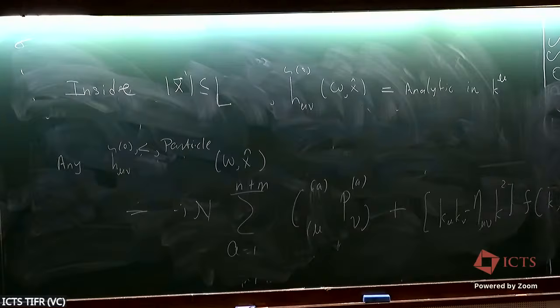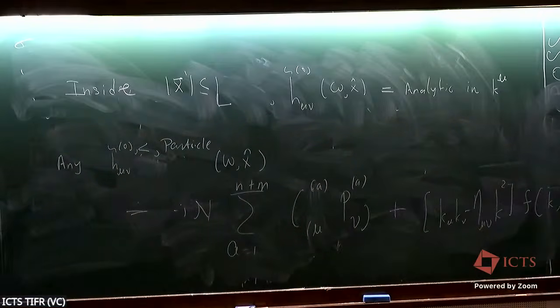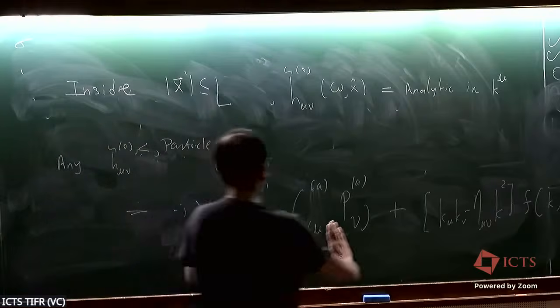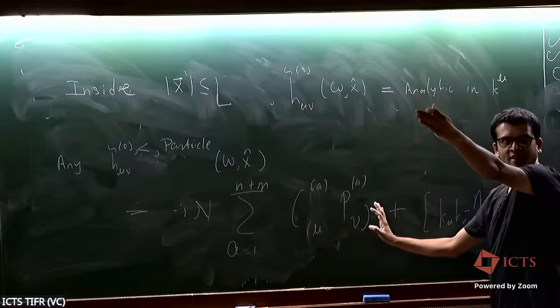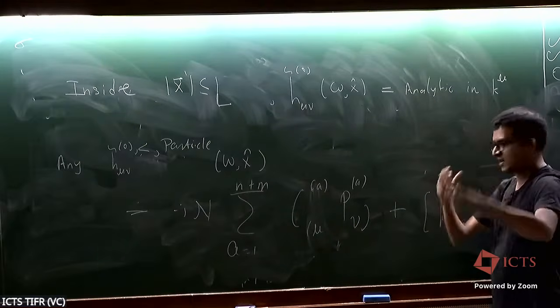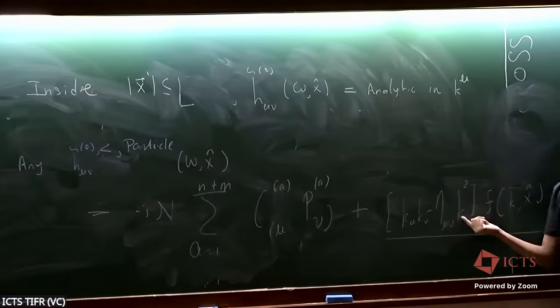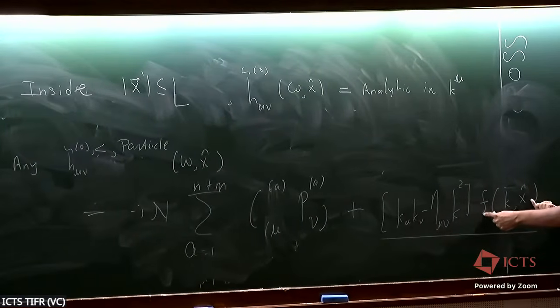So why am I saying this? I'm saying that given any h whose contraction with k is equal to this object, and the fact that h has a power series expansion in k, whatever ambiguity we are left with has to have this form. Because you see, if I contract this with k, it goes to 0. Right? So this part I am not able to determine.